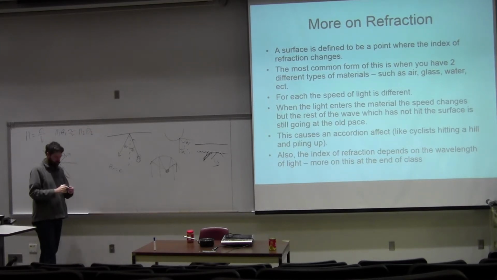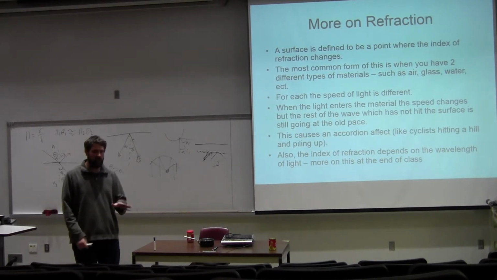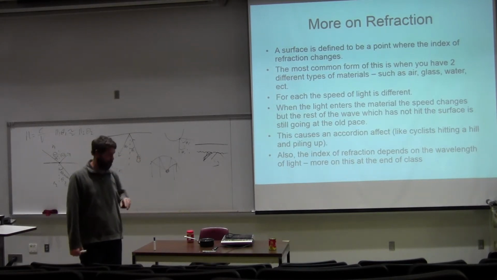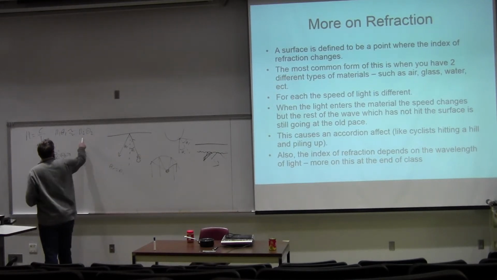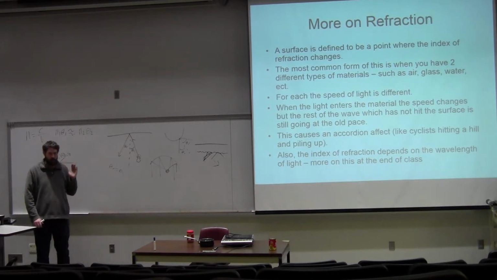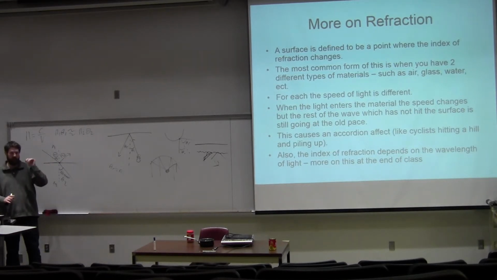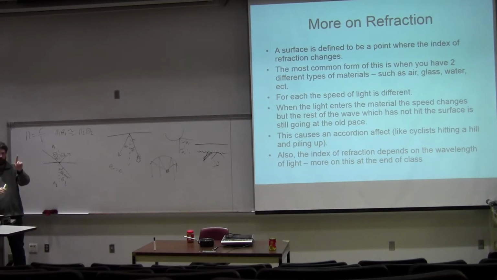Now this only works accurately for very, very small angles, but in this class, since we don't do sines and cosines, we'll have to just stick with that. But what that means is that if the index goes up, the angle has to go down. If the index goes down, for this to be a constant, the angle has to go up. So the angle is the opposite of the index. Index down, angle up. Index up, angle down. So that angle times index is a constant.